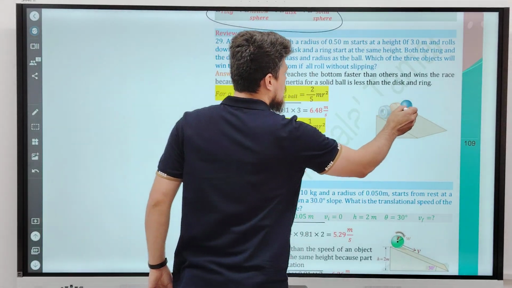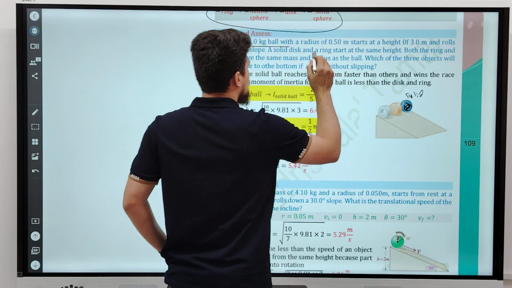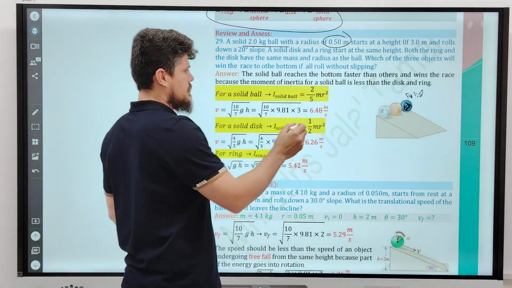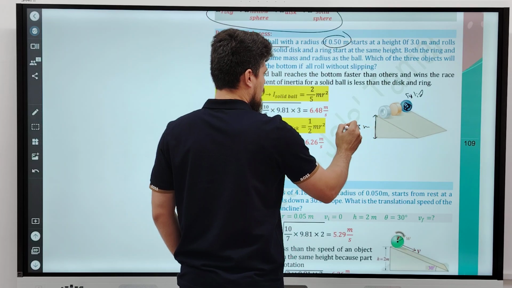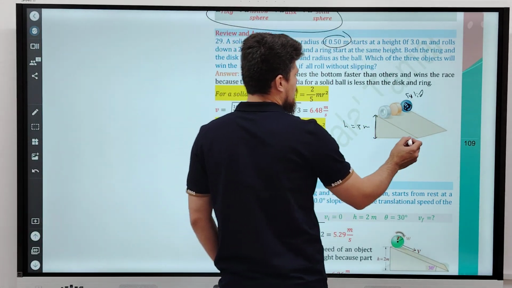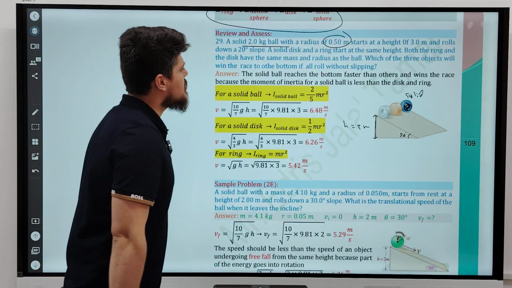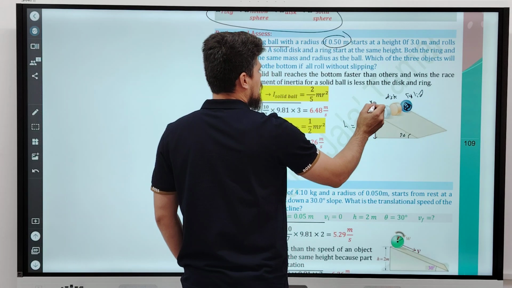Look, a solid 2 kilogram ball. This is solid. Its radius is 0.5 meter, starting at a height of 3 meter. It rolls down an incline with a 20-degree slope. There is also a solid disc and a ring.